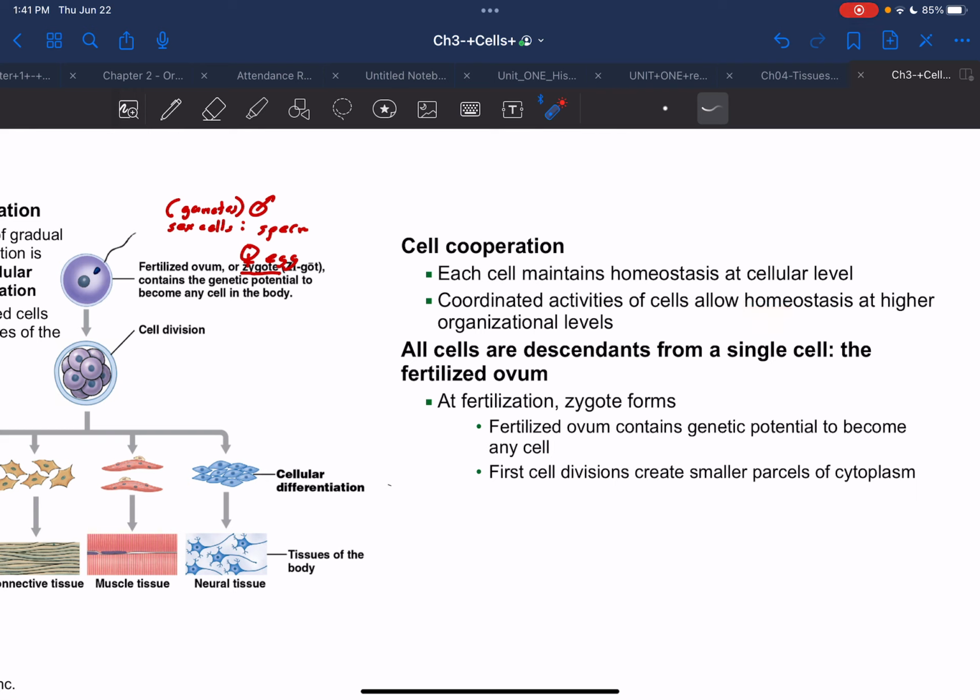This is maintaining the appropriate amount of materials being made by these cells, the appropriate temperature in the body, the appropriate pH. A lot of things are encompassed when we talk about the word homeostasis. So for us, we're just thinking about coordinated activities allowing a balancing of the body's processes and functions, or they all coordinate the activities for homeostasis.